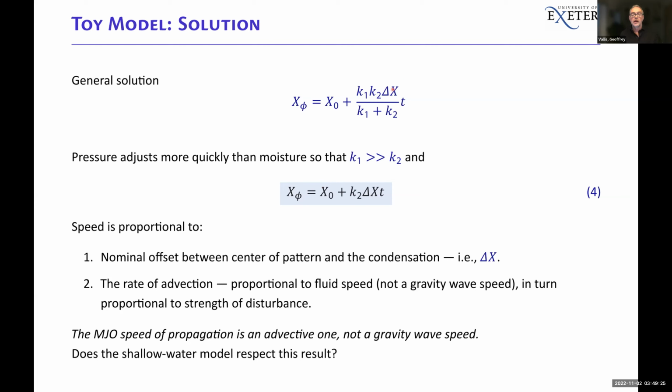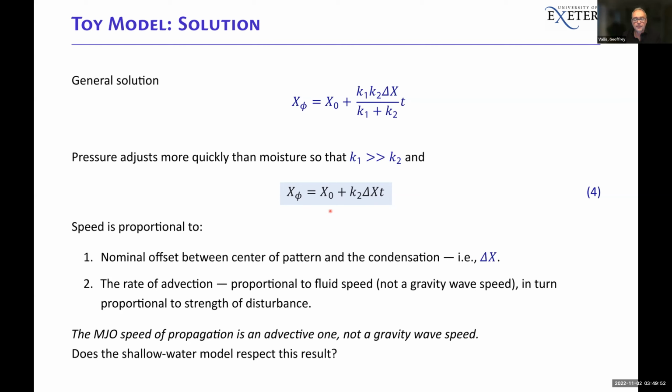So in the equations I showed, that means that K1 is much bigger than K2, K1 being the relaxation rate of the pressure field. Then you can simplify these equations. If K1 is bigger than K2, K1 actually cancels out, so that the speed is given by this expression, which is kind of important.